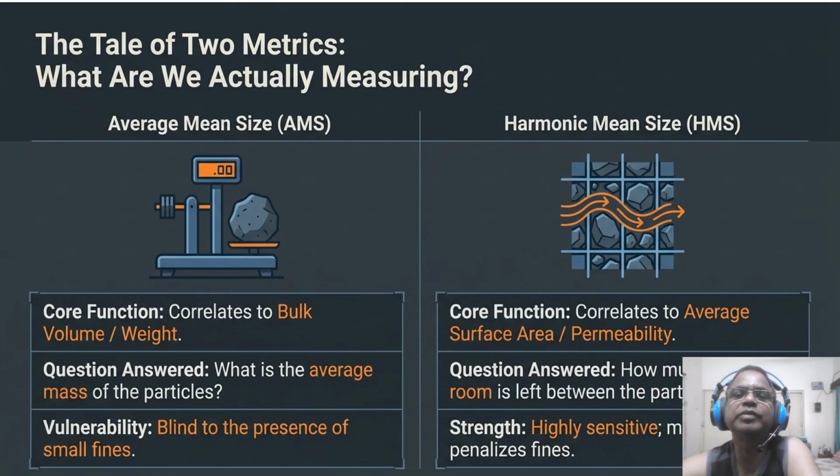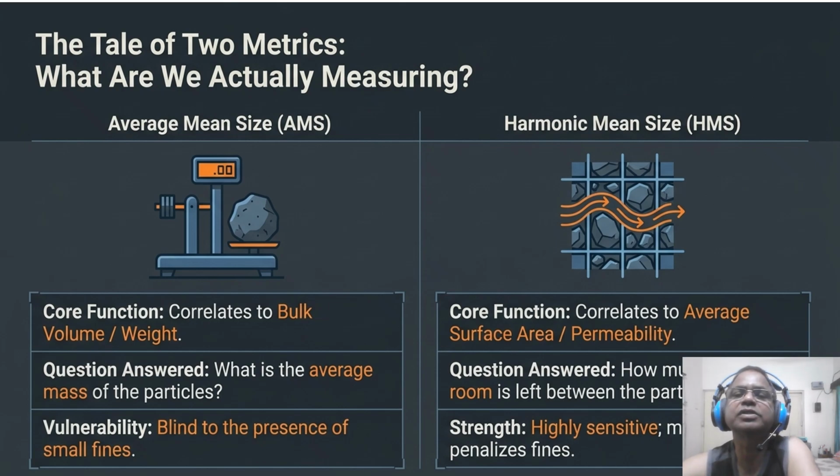AMS is mathematically blind to the presence of small particles. You can have a robust AMS while your furnace is actually choking. HMS, however, is mathematically designed to penalize fines. If you only track AMS, you are operating with a blindfold on.